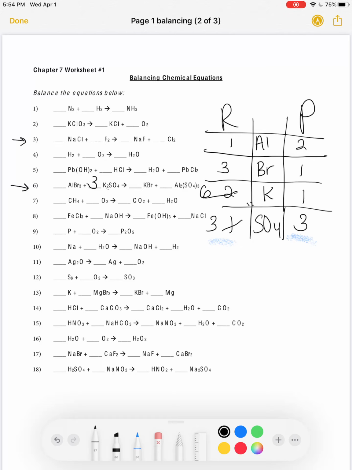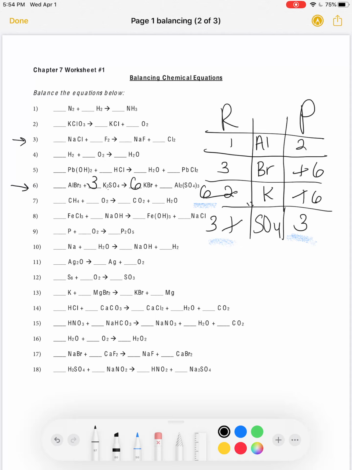All right, so I know that now I have 6 potassiums on my reactant side, so I'm going to need to balance that out on my product side by putting a 6 here. That now gives me 6 potassiums and 6 bromines. Okay, so what's a teacher to do now?